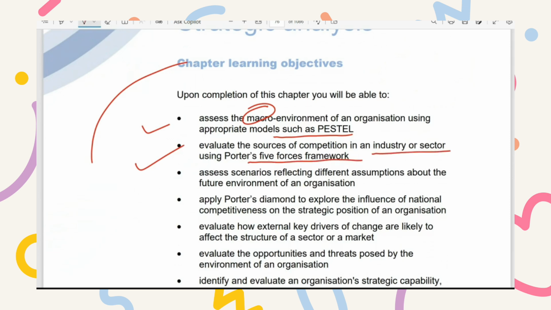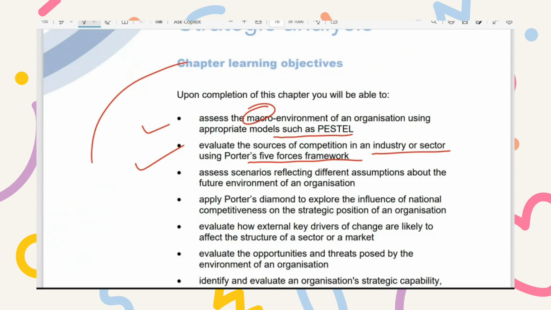Evaluate the sources of competition in an industry or sector using Porter's Five Forces. This is one of the favorite topics. You have to analyze with your normal industry norms, and your ratio analysis experience and your F7 SPR experience will also be helpful.